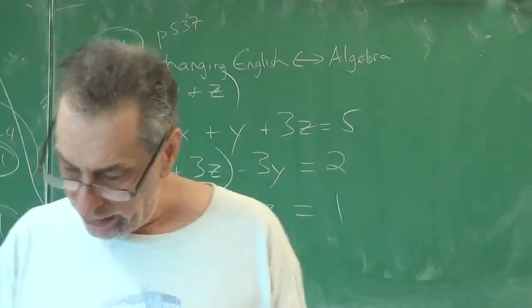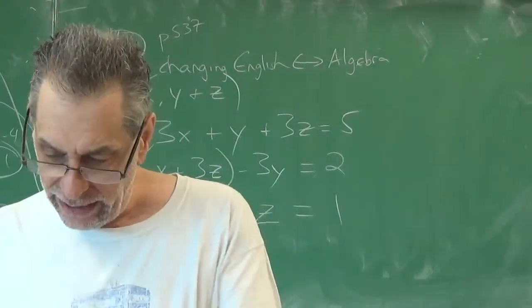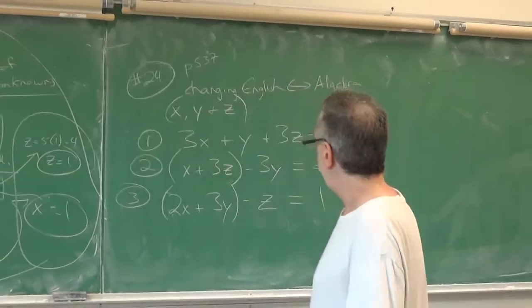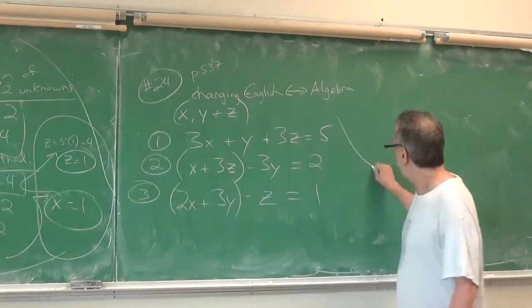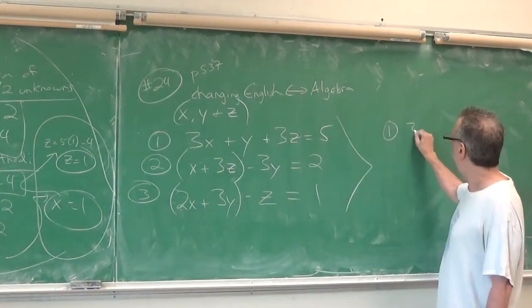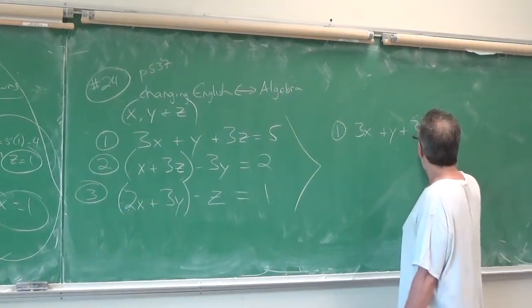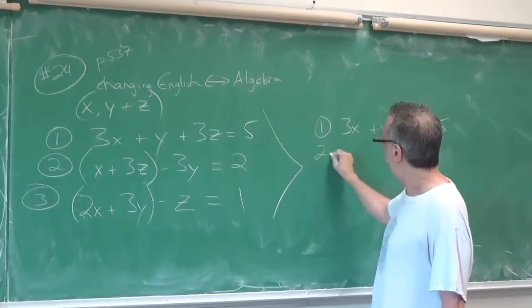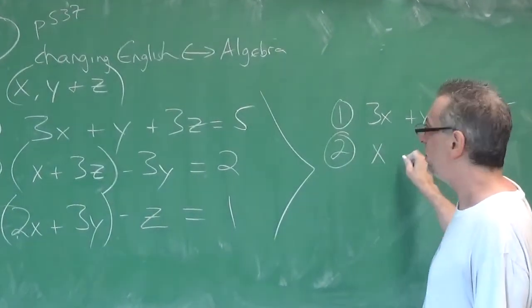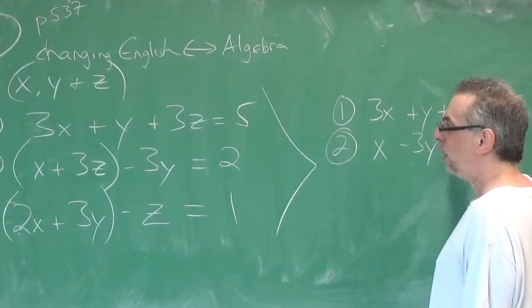I'm not going to go through that since we want to save a little bit of time. You can try this one as practice again. Rewrite this as 3x plus y plus 3z equals 5. Just change the second equation so that we have the x's and y's lined up.